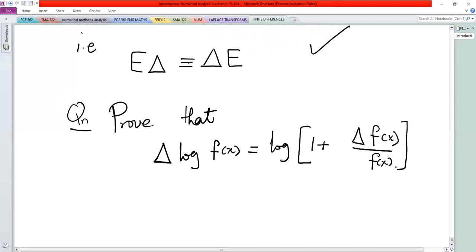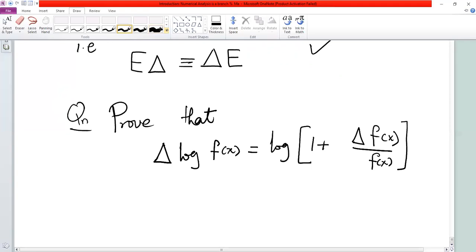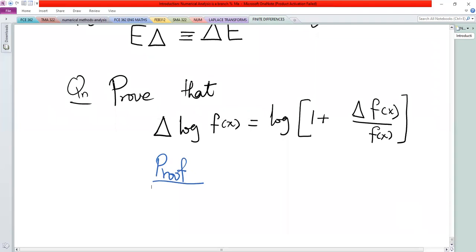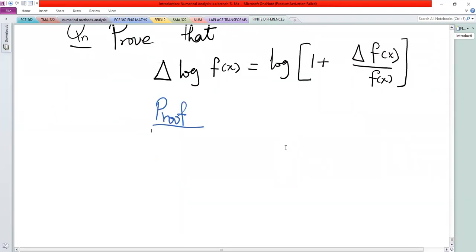Now, to prove this, so proof, let us define h to be the interval of spacing. So let h be the interval of differencing.